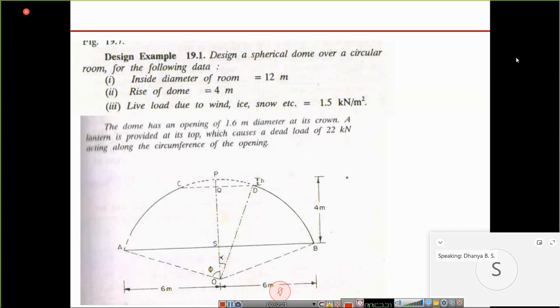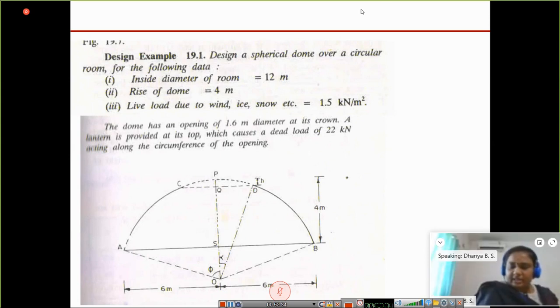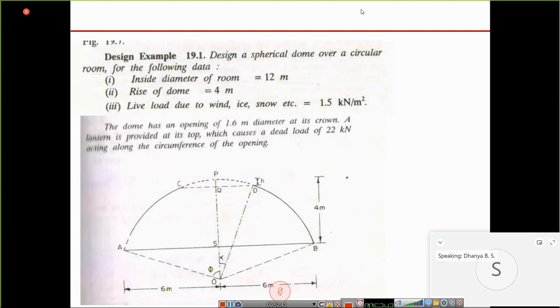Please clarify whether the permissible tensile stress in the ring beam is 1.2 Newton per millimeter square or 12 Newton per millimeter square. Can you repeat the question again? The ring beam. Yeah, one second.